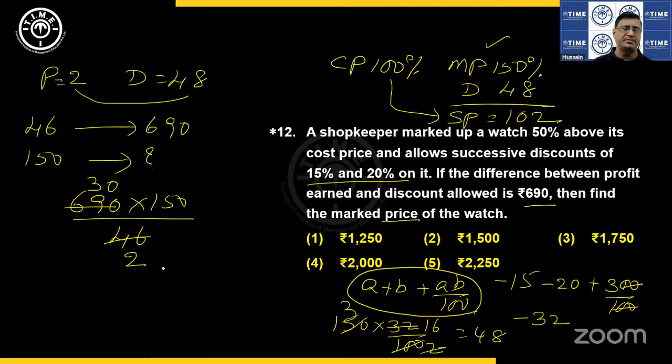So I'm taking 30. 23 into 3, 69. 23 into 2, 46. 2 here, it goes exactly 15 times. 15 square, that is 225. 225, 0 is common. So 2250, right choice, option number 5. Choice 5 is the correct answer.